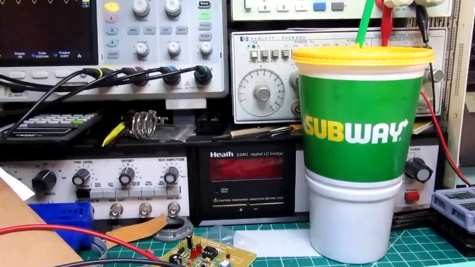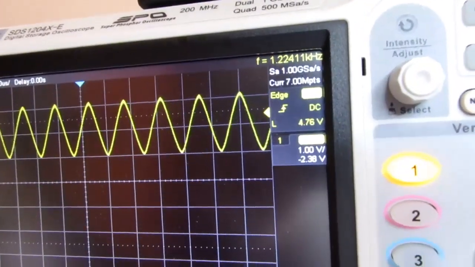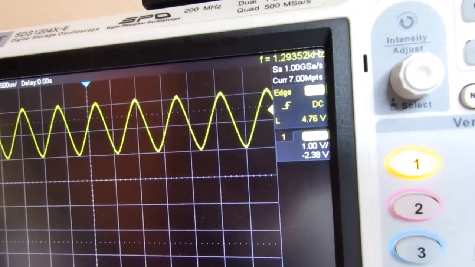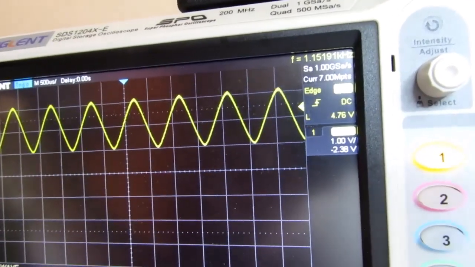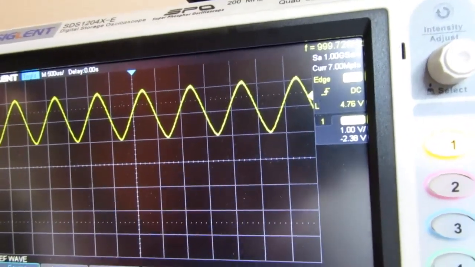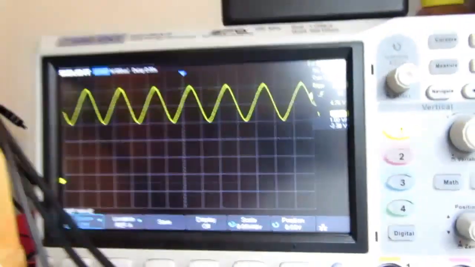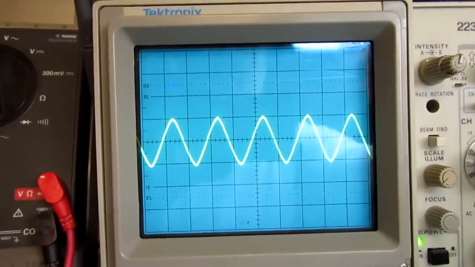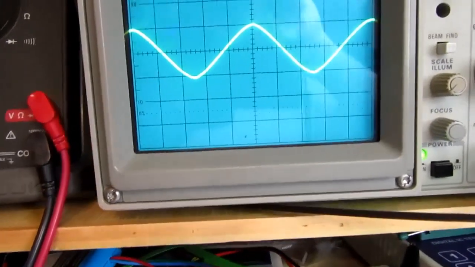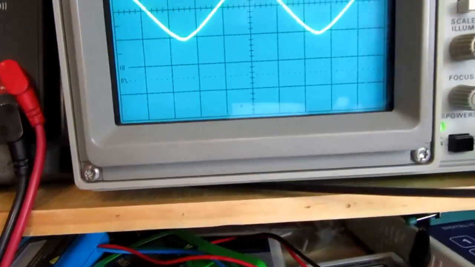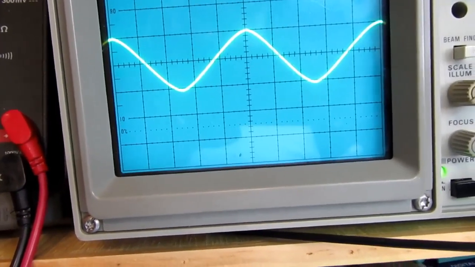I've got the coarse set pretty close, but it's too touchy to move it in very tightly, so I'm going to use the fine. There, I'm at 1 kilohertz. I wouldn't call that a very great sine wave. That's pretty far from being a sine wave, actually. It's just a triangle wave with a bit of filtering.